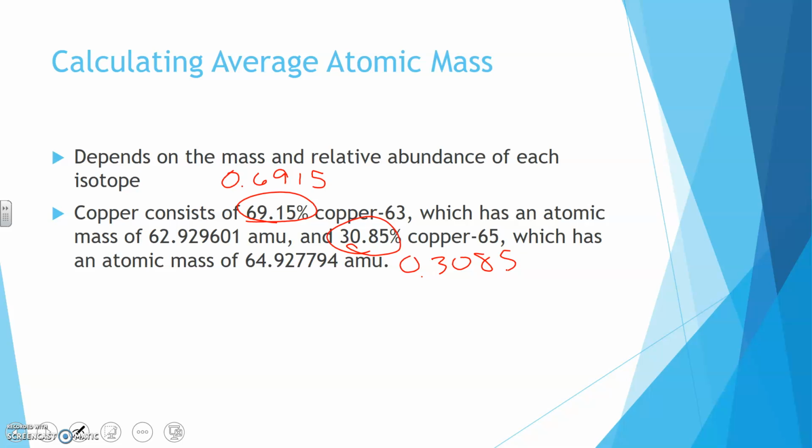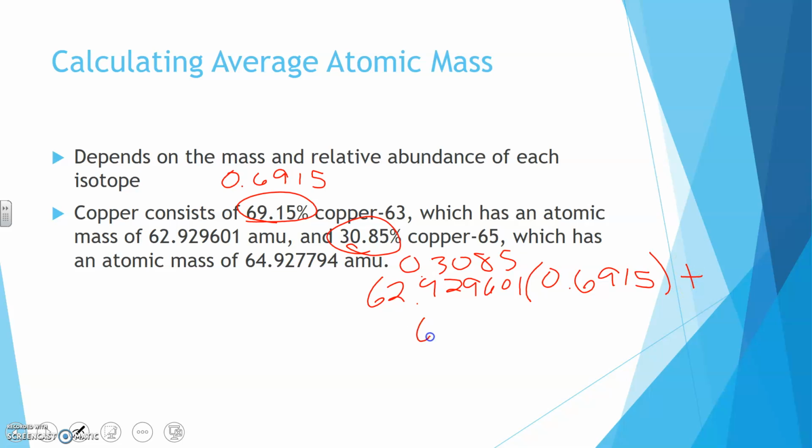So we have our 62.929601, multiply that by our decimal here, 0.6915, and then you're going to add in the second one.